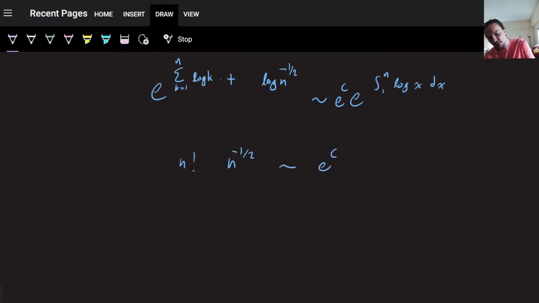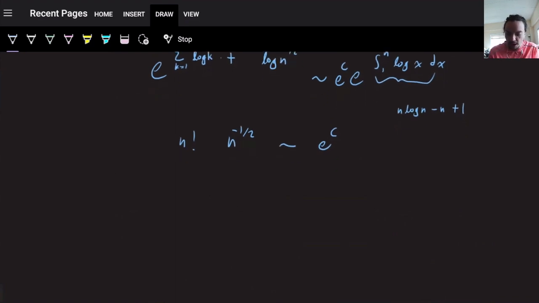Okay, now on this side I need to do an integral. Remember that we computed the antiderivative of log. So we know that this is n log n minus n, and then minus the value at 1. So that was 1 log 1 minus 1, which gives me a plus 1. And now we've got this extra thing, so we need to work it out.